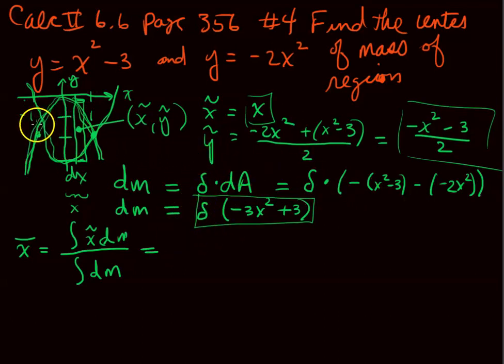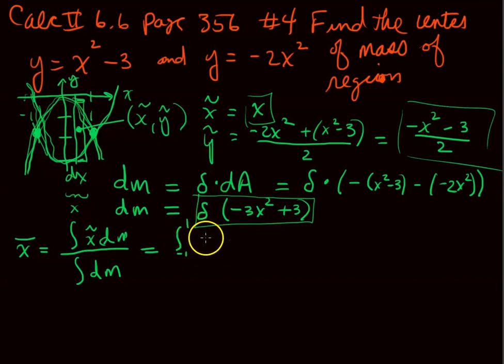Well, we're going to go from this point, which should match here. This should have been down here, to this point. So x is going from negative 1 to 1. So all of these have the limits, negative 1 to 1.